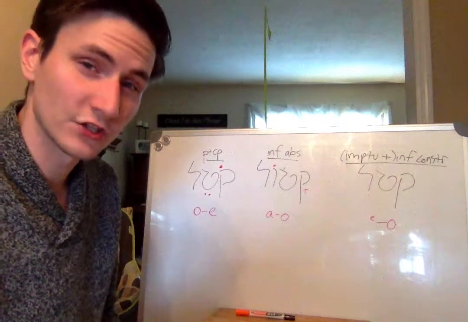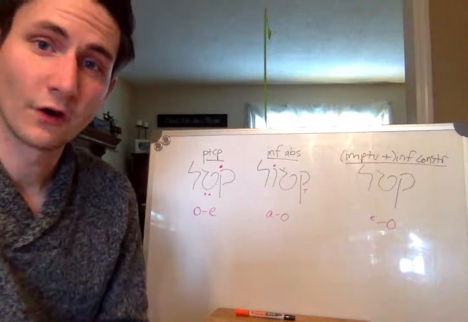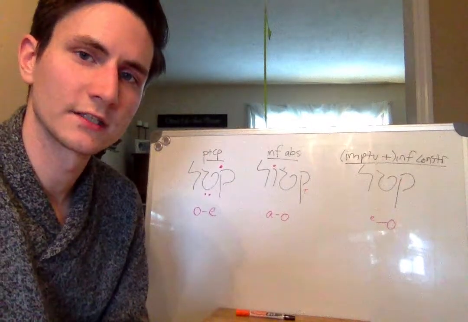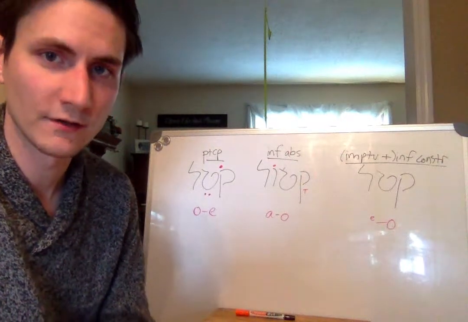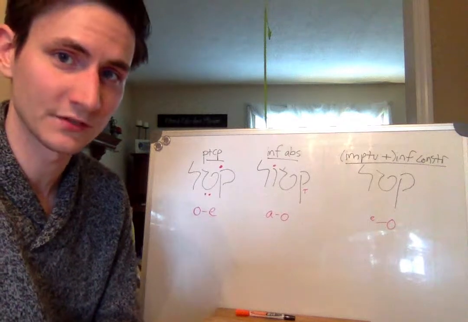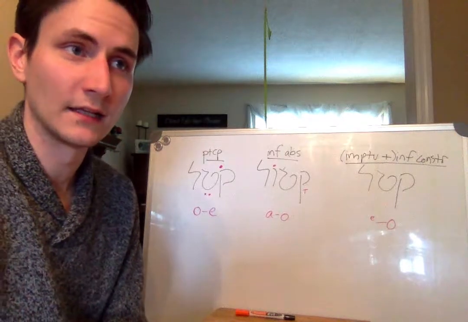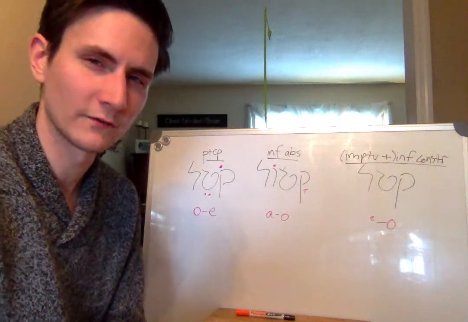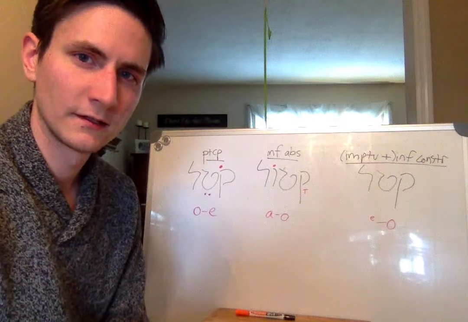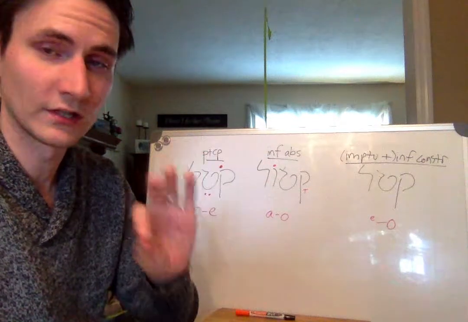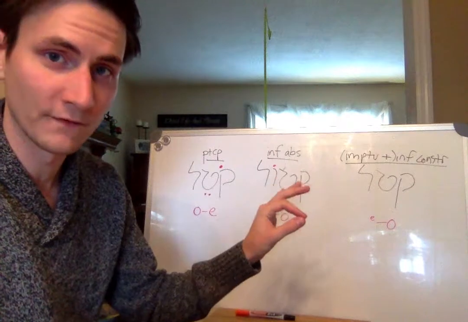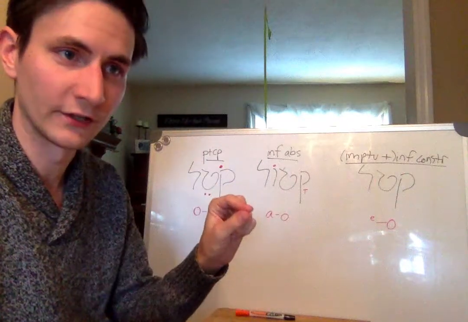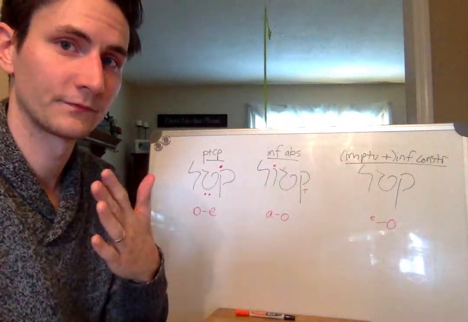Finally, the infinitive construct. Now, there's a lot of overlap in the infinitive construct with the imperative as well, which, remember, is the second person volitive form. And in the imperative, what's the pattern for the imperative? The pattern is that it looks like the imperfect, but the first consonant drops off.